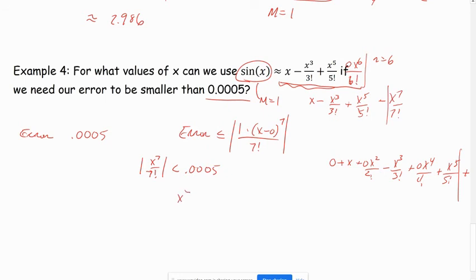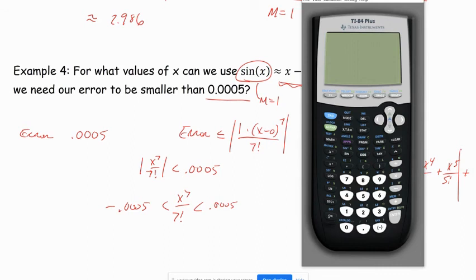So that means we want x to the 7th over 7 factorial to be between negative 0.0005 and positive 0.0005. And so we multiply by 7 factorial and then take the 7th root.